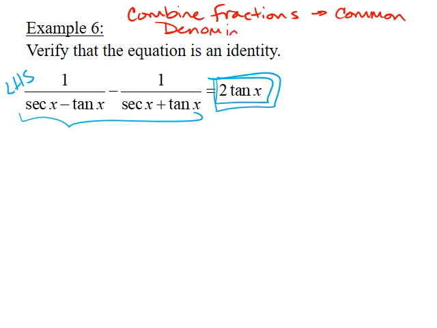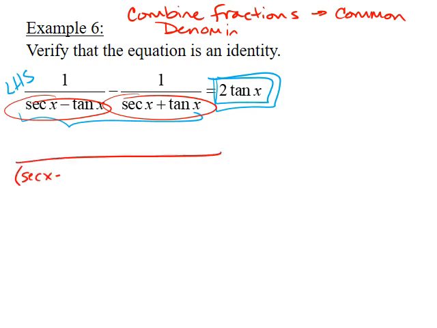So, in this case, I'm just going to use a common denominator of my current denominators multiplied together. So my common denominator is going to be secant of x minus tangent of x times secant of x plus tangent of x. Okay, so if this is the case, then what did I do to this 1 to get this common denominator? Well, I multiplied it by the opposite denominator.